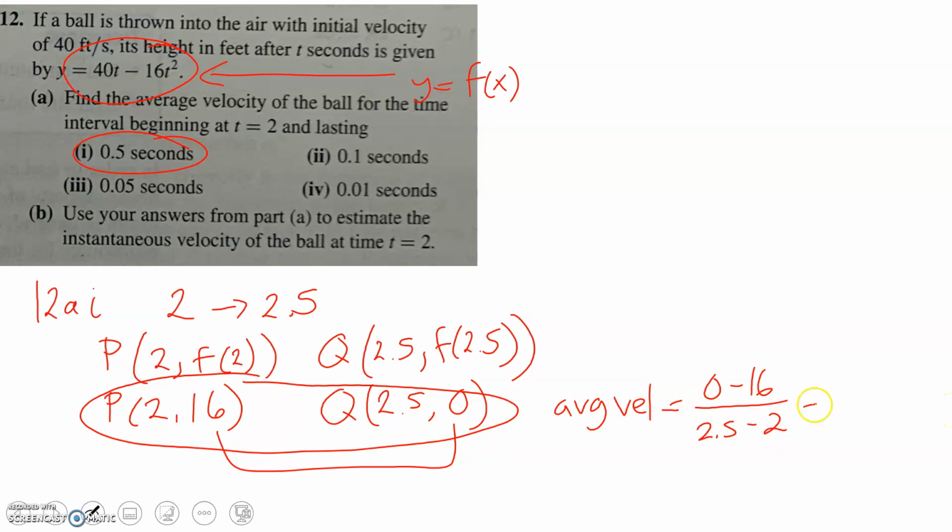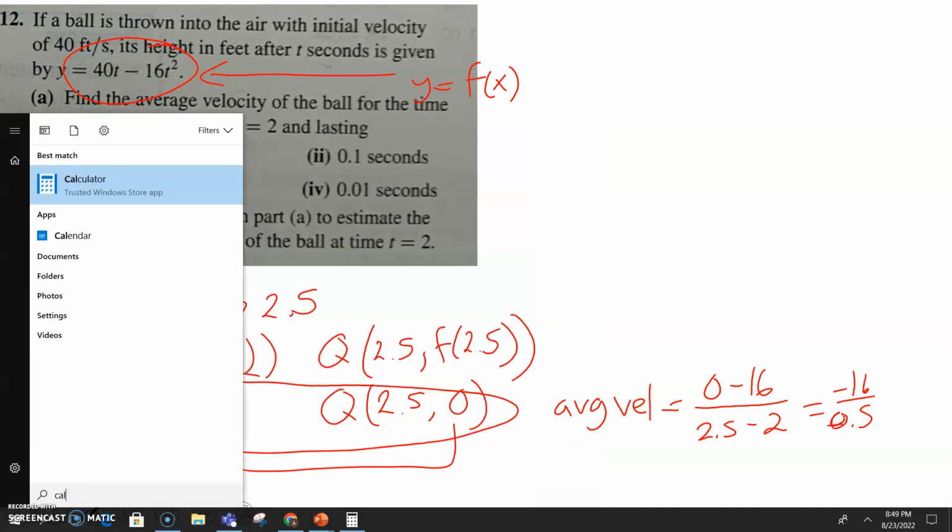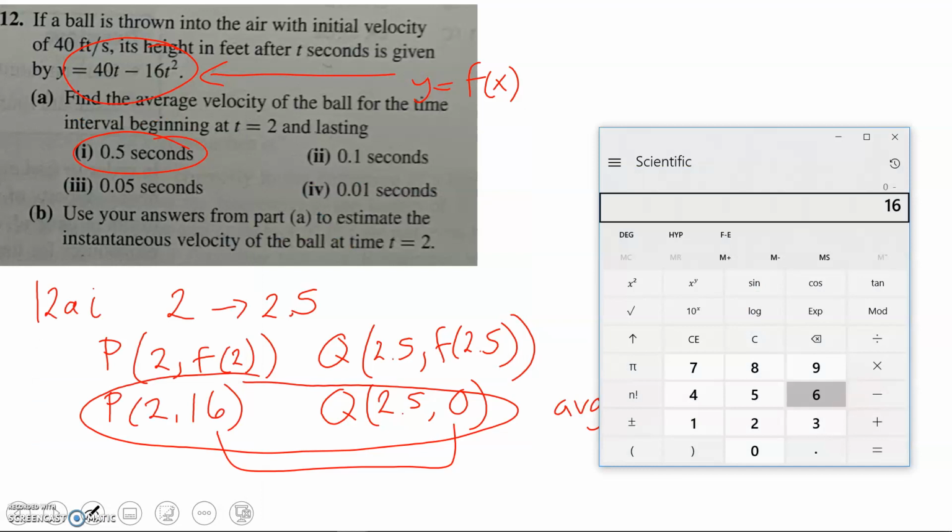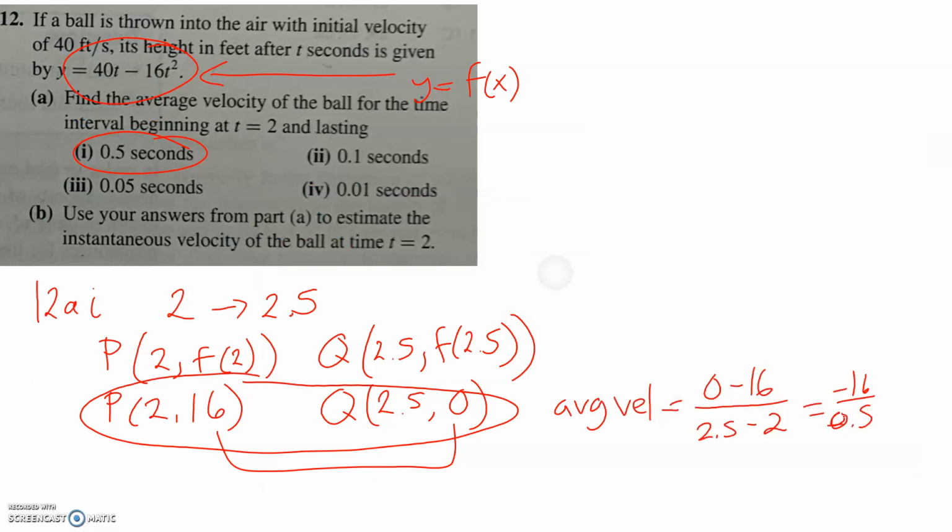So on the numerator we have negative 16, and in the denominator 0.5. So we have negative 16 divided by 0.5, which gives us negative 32. So we can see that at that time interval, the average velocity is negative 32 feet per second.